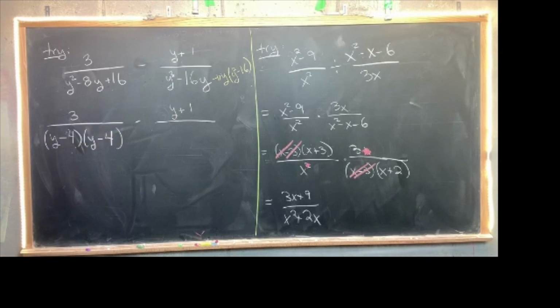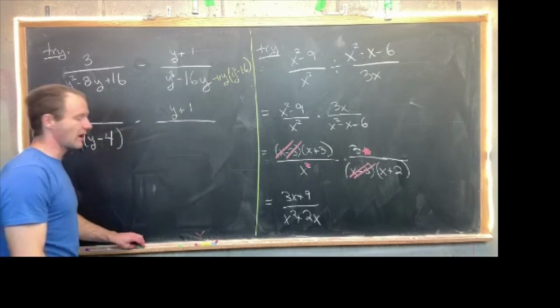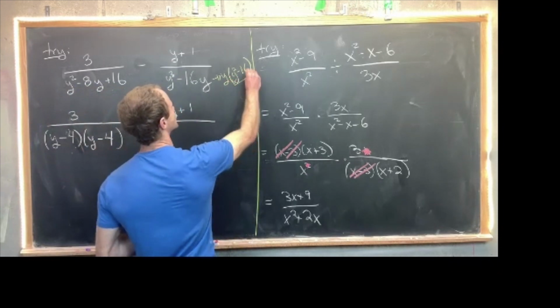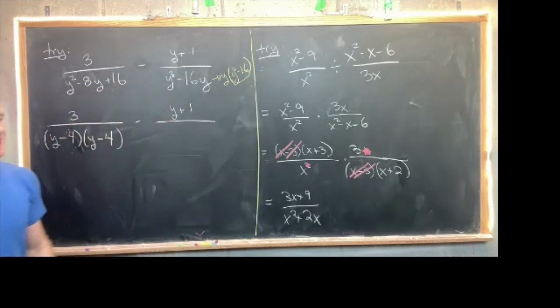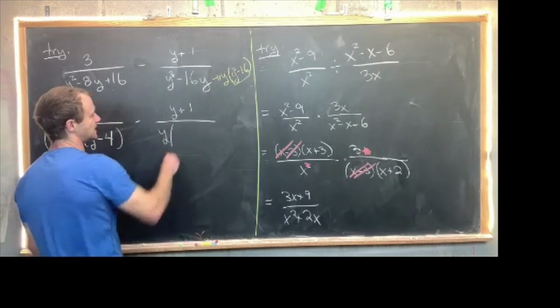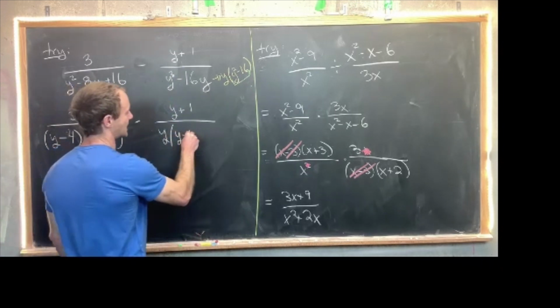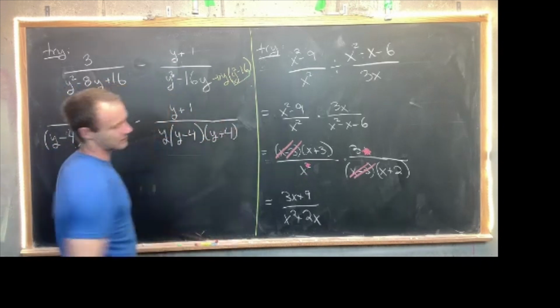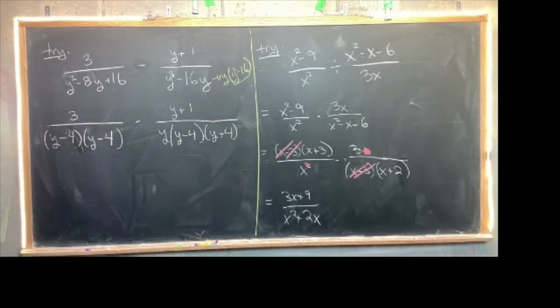But that's actually more helpful than it might have seemed, because now we've got a difference of squares. We have this y squared minus 16. So that's going to be factored like y minus 4, y plus 4, again using our standard factorization trick. Good. Now we can start building up the denominators.